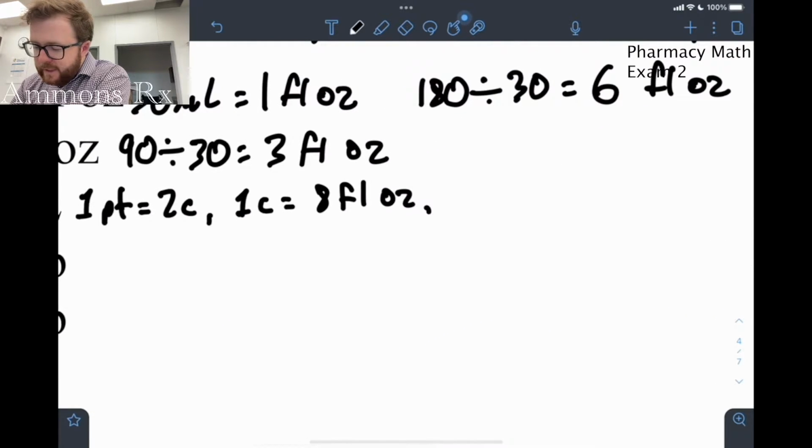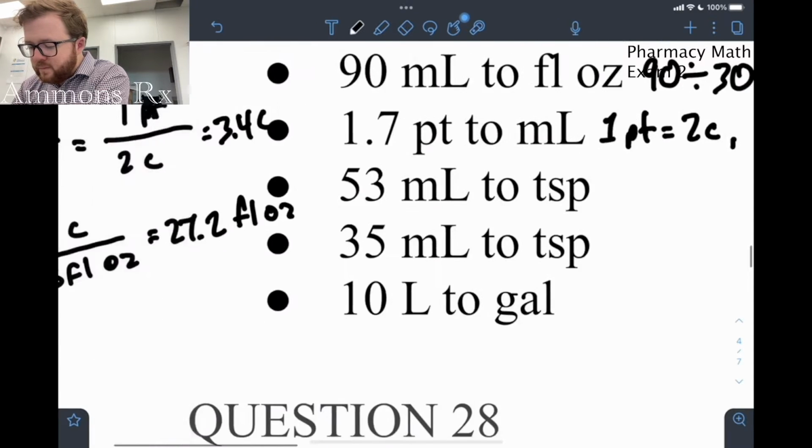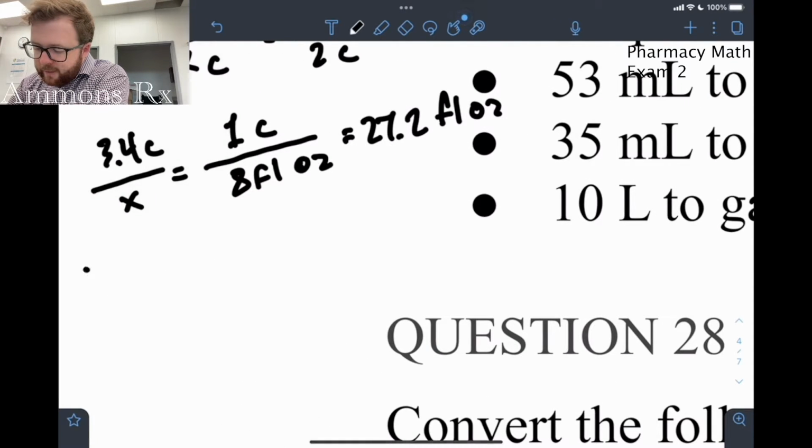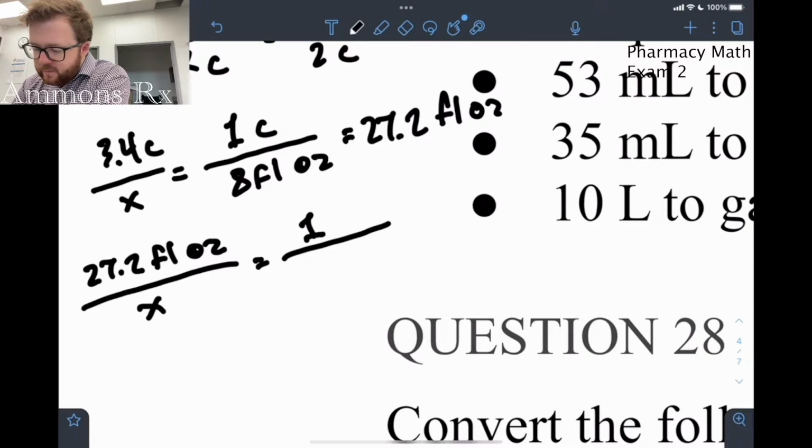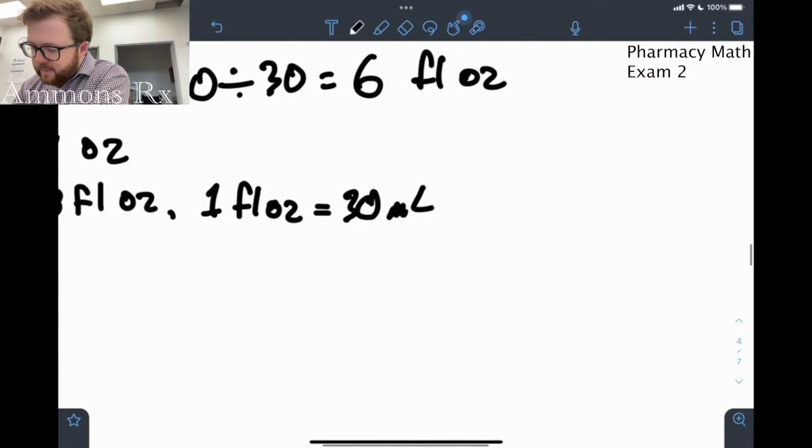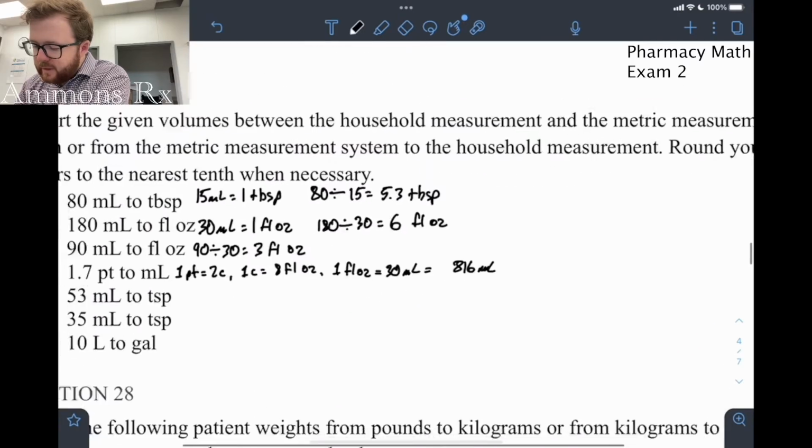Now my last step is going from ounces to mils. 1 fluid ounce is equal to 30 mils. So I have my 27.2 ounces. How many mils is that? I just need to do that times 30. So that is literally 816 mils.